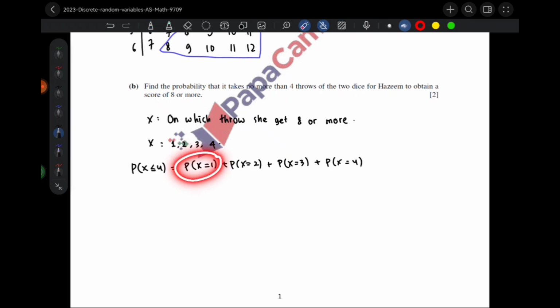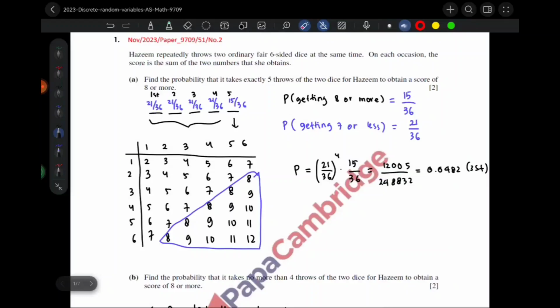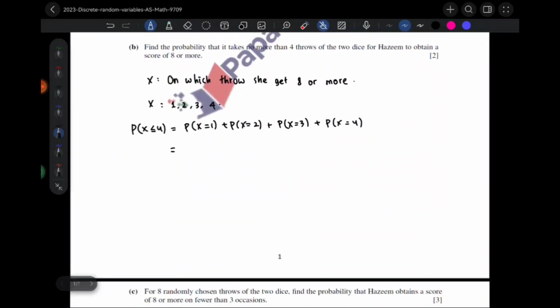Probability X equals 1 means she obtained a score on the first throw and then she stops because she already has a score of 8 or more. So the probability is 15 out of 36.